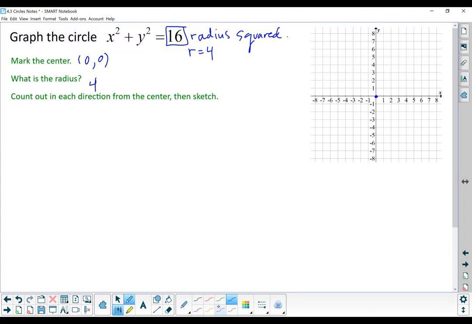So to graph the circle, what you would do is start at that center point and count out 1, 2, 3, 4 in each of the 4 directions. 1, 2, 3, 4. And over here, 1, 2, 3, 4, and then down 1, 2, 3, 4. And just by finding those 4 points on the edge of the circle, we can get a pretty good diagram.